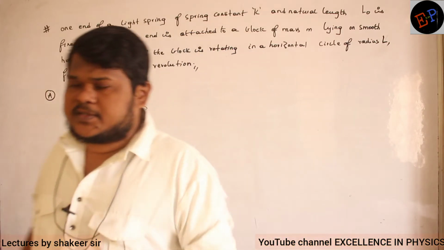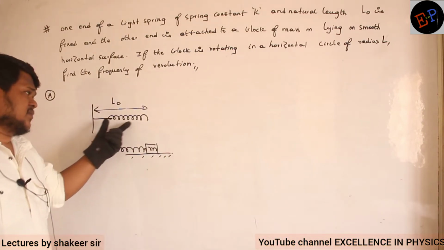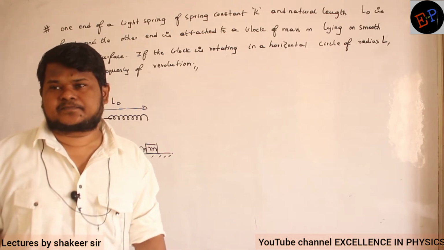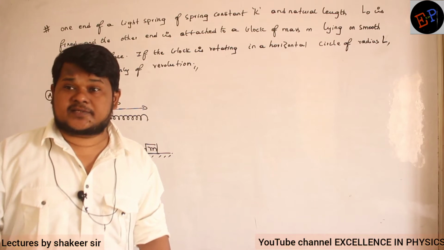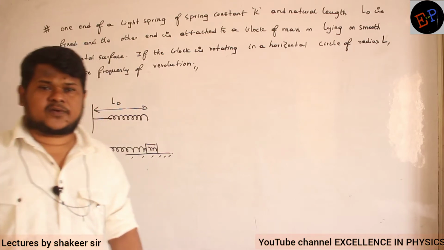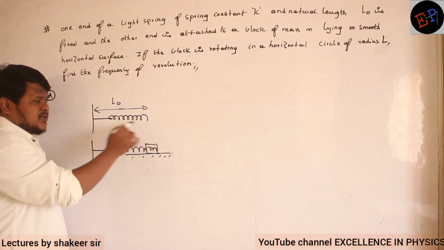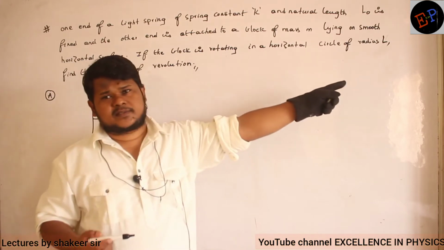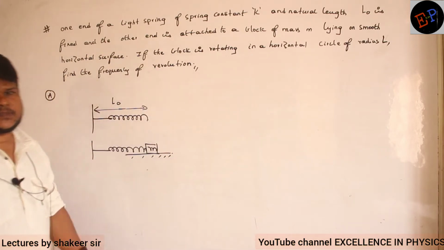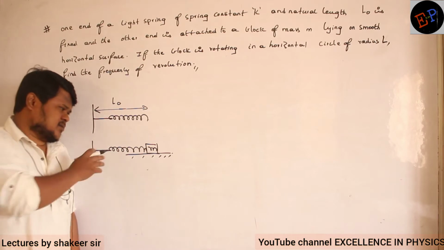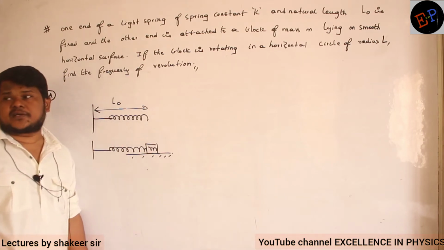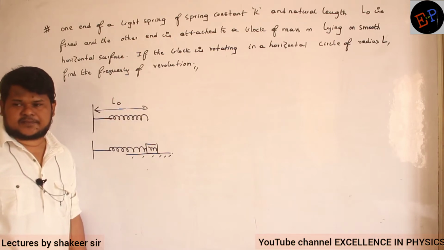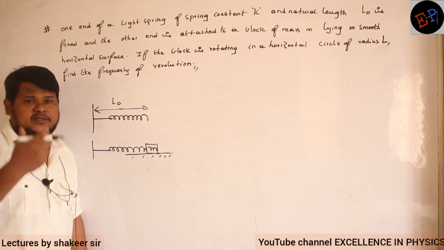What do you understand from this? Is the length of the spring increasing or decreasing? The natural length is L naught, but when it started to rotate in a circular path, the radius of the circle is L. L and L naught are not the same number. So should the length of the spring increase or decrease?